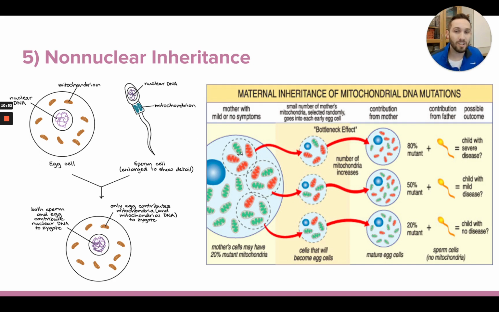And in this picture here, it shows you that cells can have many mitochondria, and some people might have a small number of bad mitochondrial DNA. These red ones represent some mutated mitochondrial DNA. These mitochondria might not work very well. And when the mom is making egg cells, it's going to randomly separate those mitochondria into egg cells.